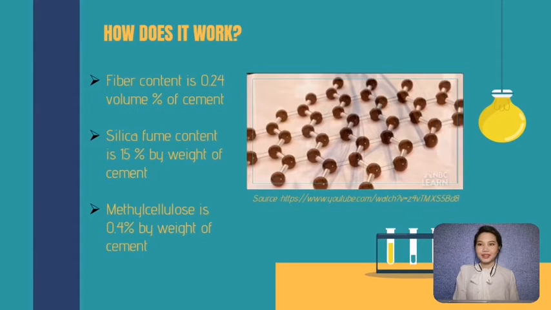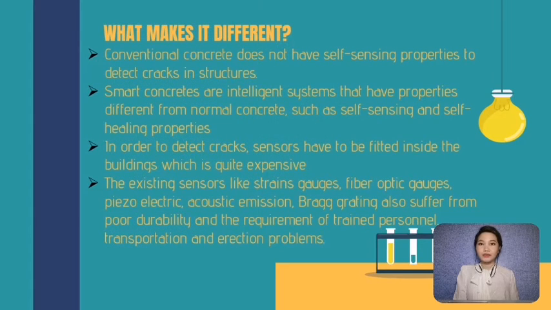What makes it different? Conventional concrete does not have self-sensing properties to detect cracks in structures. Smart concretes are intelligent systems that have properties different from normal concrete, such as self-sensing and self-healing properties. In order to detect cracks, sensors have to be fitted inside the buildings, which is quite expensive.